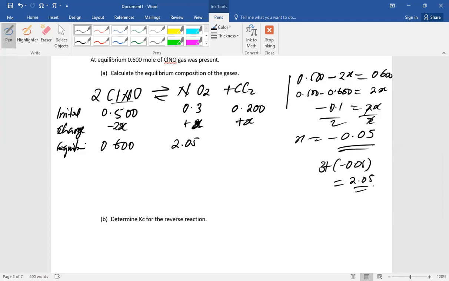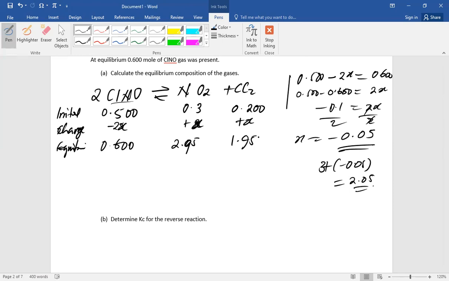Let me just use a calculator. 3 minus 0.05 is 2.95, and 2.00 minus 0.05 is 1.95. These are the equilibrium number of moles.